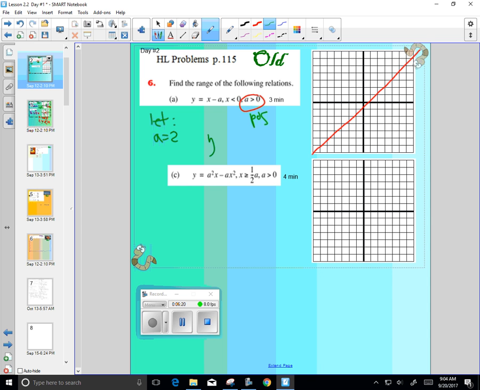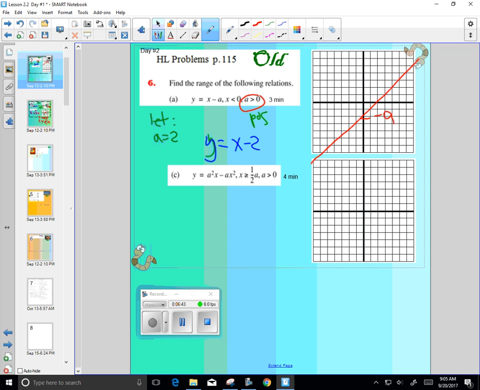So we have y equal to x minus 2. So that's going to drop this down to negative A.